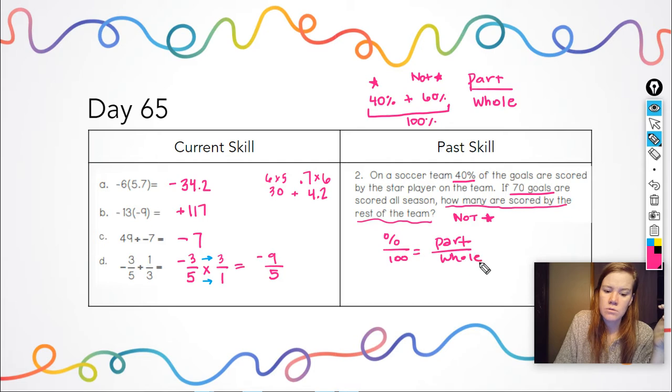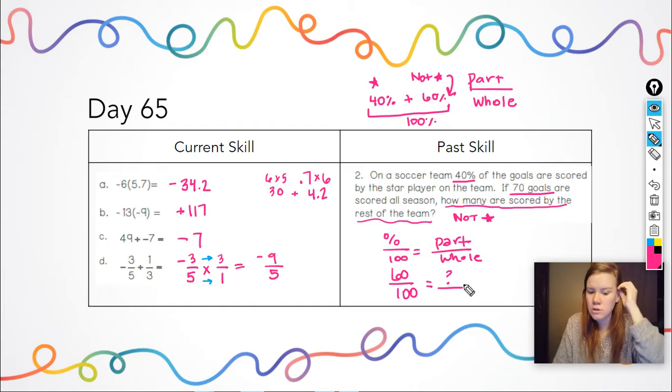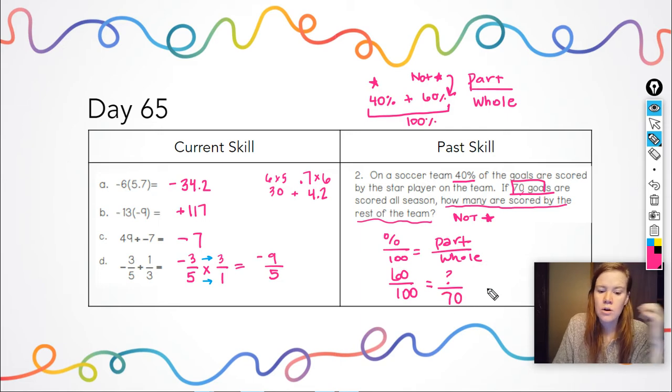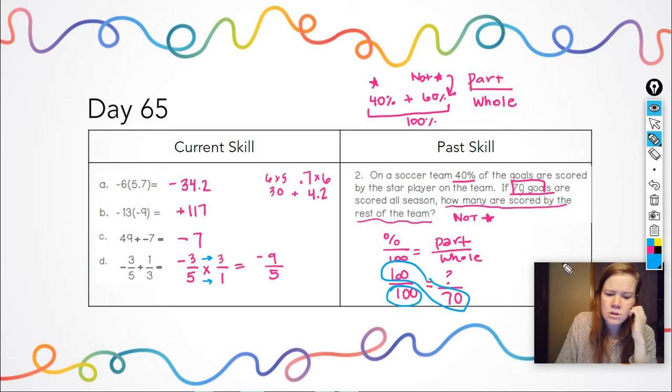So let's start going through this. So the not star player percentage is 60% out of 100%. And we're trying to find how many goals that is for the rest of the team, the not star player part of the team, if 70 goals are scored all season. So 70 is your total. Okay, so you guys have calculators, so you probably did this. You did cross products.